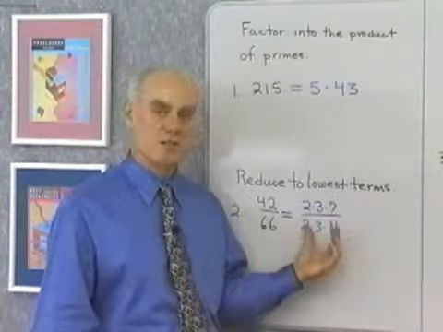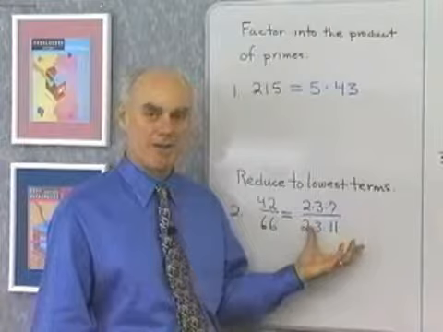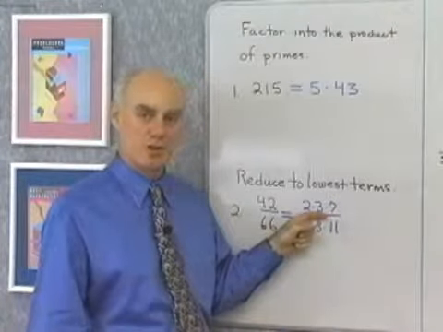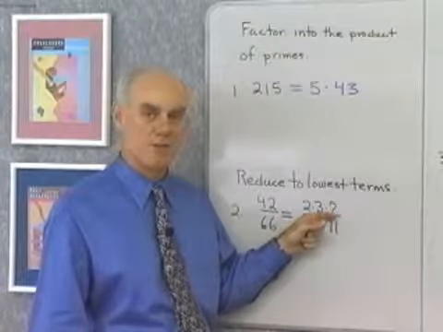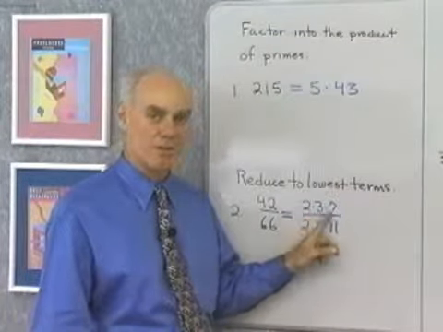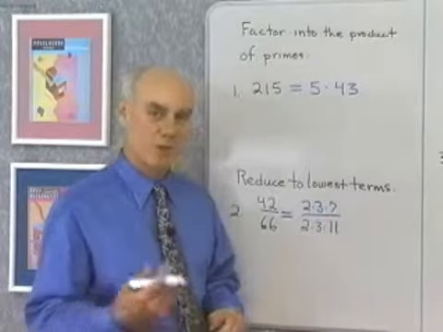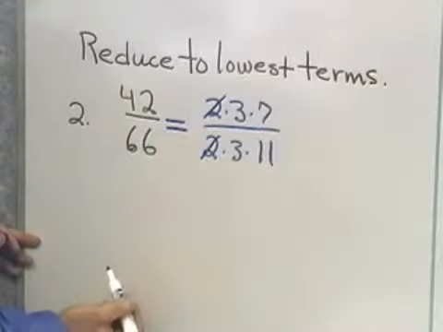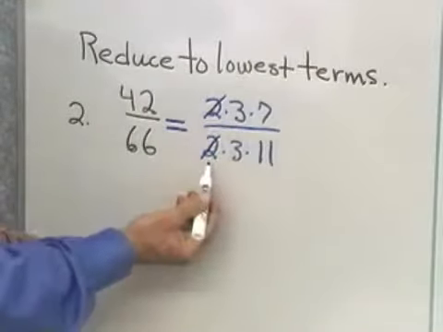What I want to do next is divide the numerator and denominator by any factors they have in common. So when I divide, for instance, the numerator by 2, what I'll be left with is 3 times 7. If I divide the numerator by 3, I'll be left with 2 times 7. To show that division, I'm just going to draw lines through the factors that the numerator and denominator have in common. So when I divide numerator and denominator by 2, that's what it's going to look like.